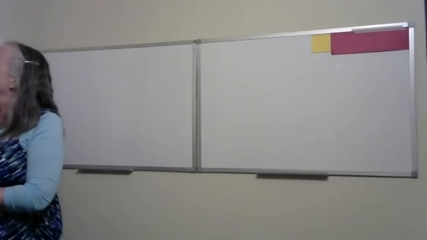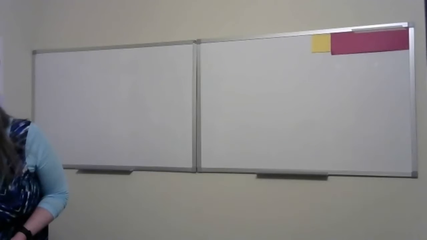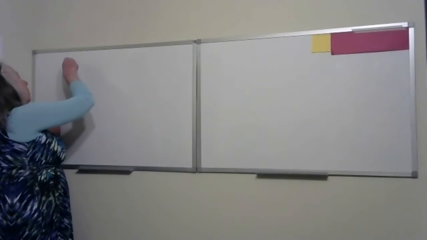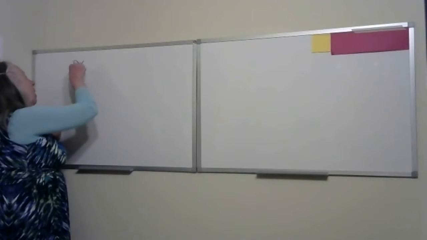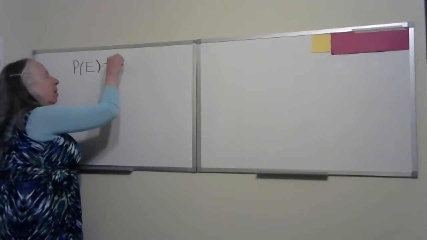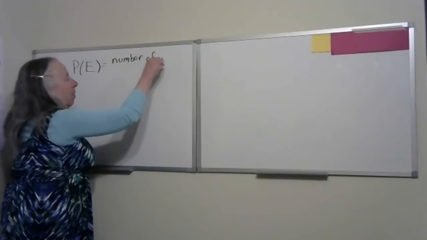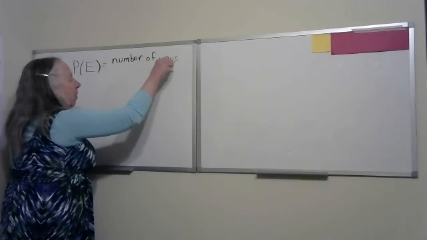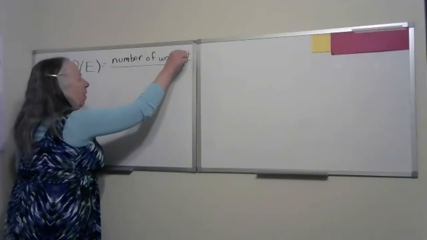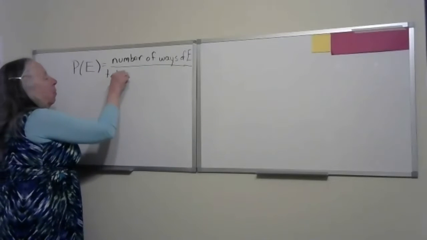On your sheet that you got today, once again, the probability of an event is the number of ways that it can happen over the total number of ways.